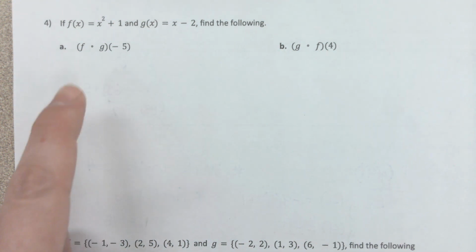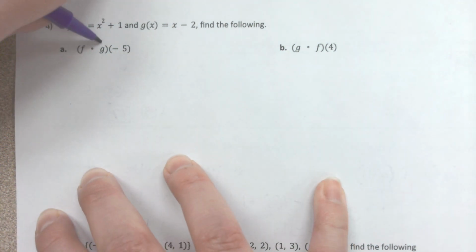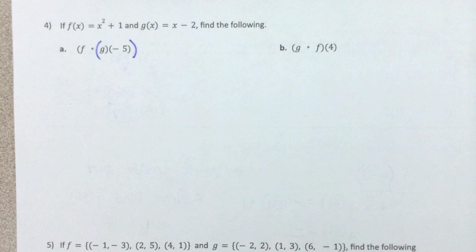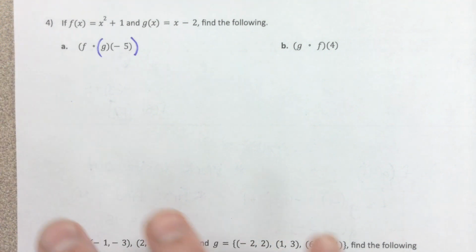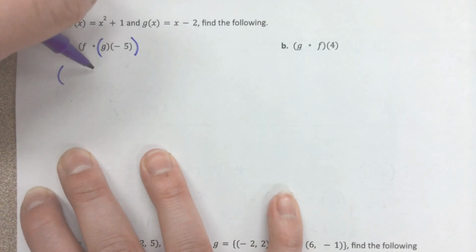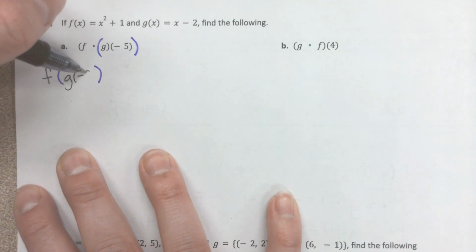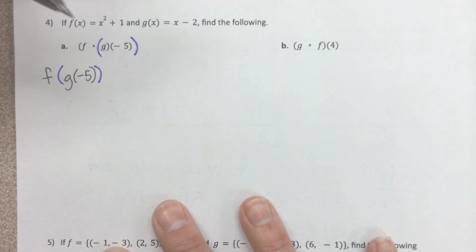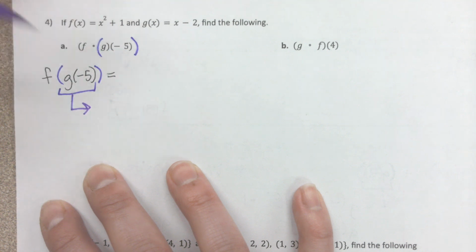All right, A, f of g of negative 5. This time g is closer to the number, so it's going to get put in the parentheses. And because of how I format this, I'm actually going to drop down here to rewrite. F is on the outside, g of negative 5 is on the inside. And we're going to figure this guy out. Start with g of negative 5.